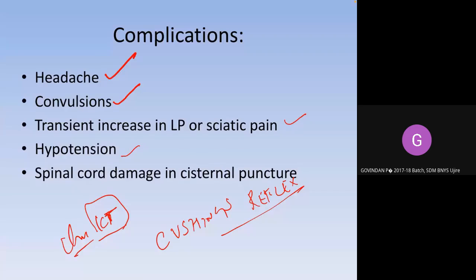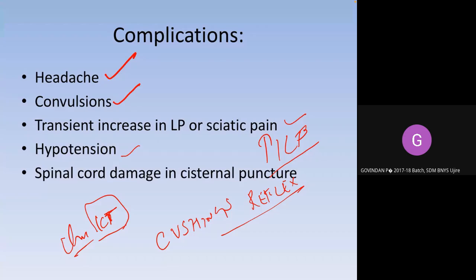It is seen in raised intracranial pressure. Okay, what happens is, because of raised intracranial pressure, there is less blood going into the brain. So you can remember it as BP increases but heart rate decreases. Usually, if heart rate decreases, blood pressure should also decrease.